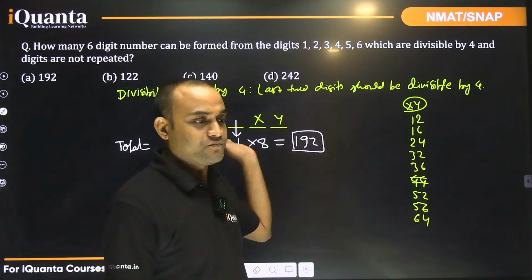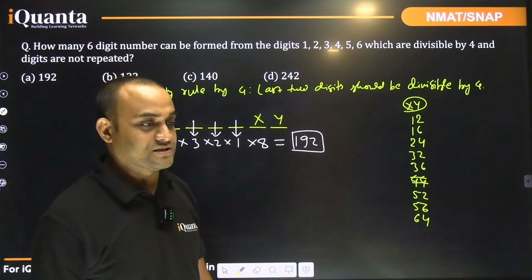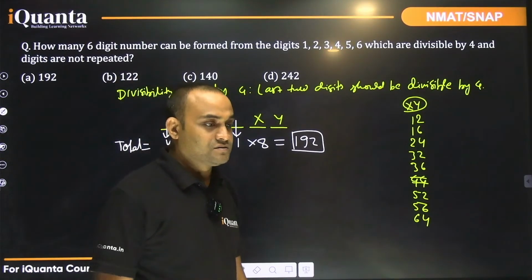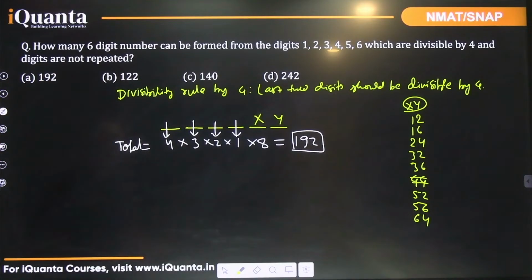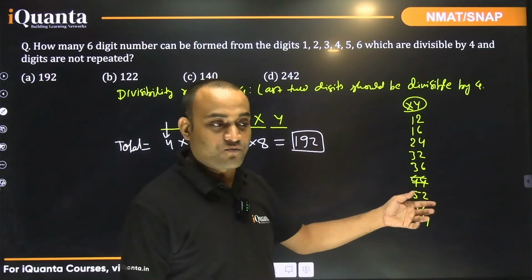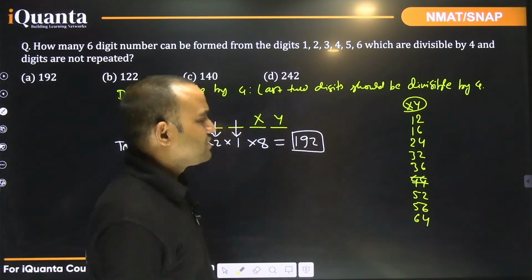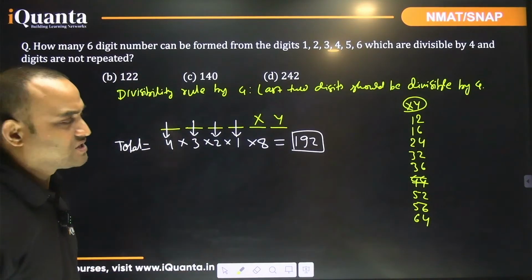In each case the number of numbers will be the same, so why do we need different cases? Hannah, you can take the casework as, I guess, if the unit digit is 2 or 4 or 6. Then we will have to consider 3 different cases.